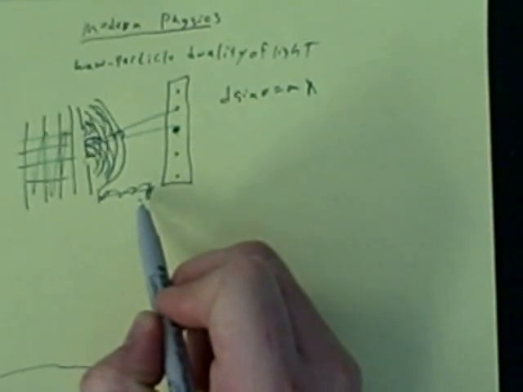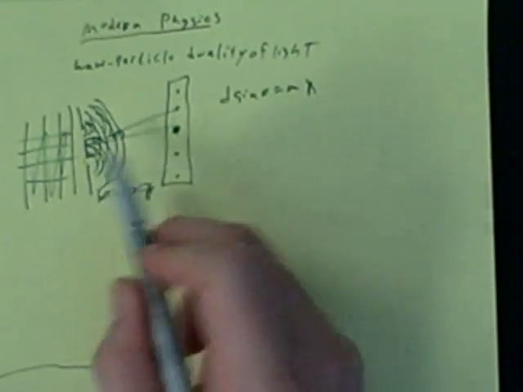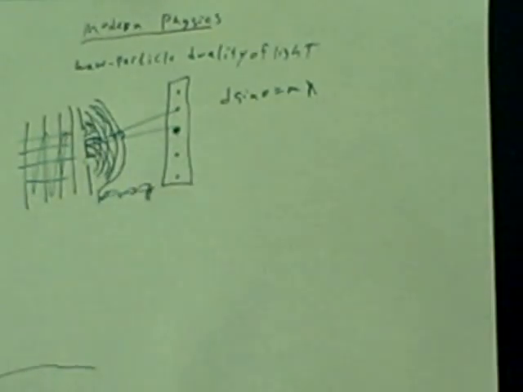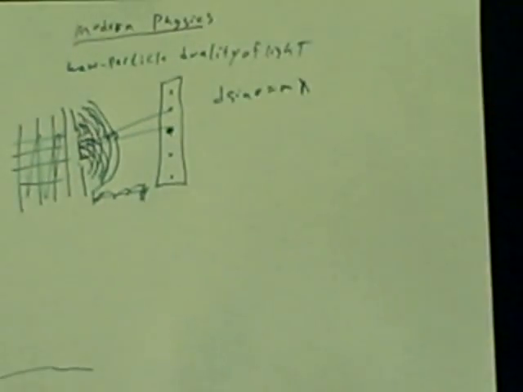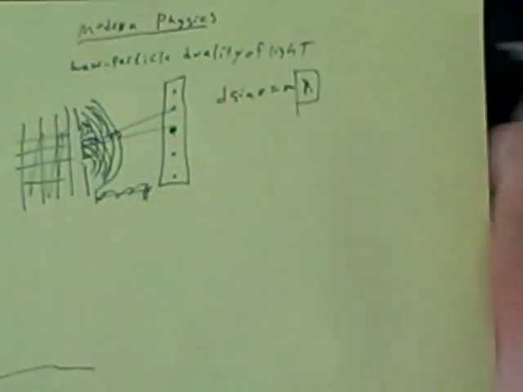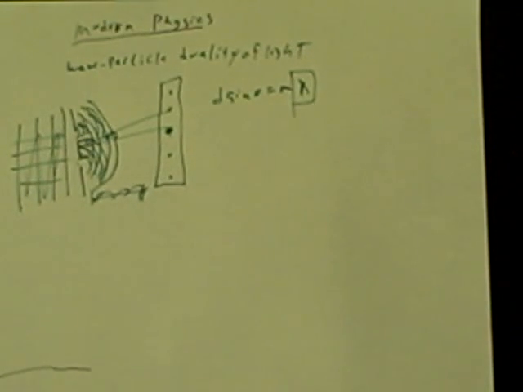This was when you had L and X thrown in there as well instead of sine theta. So D is the distance between the slits, lambda is the wavelength of the light, and M is the integer that you count there. So here you see you've got a wavelength. Wavelength usually implies that you have a wave, because otherwise how could you have a wavelength? So we talked about all of these different types of wave properties of light.